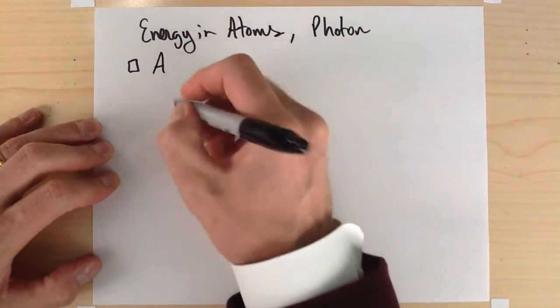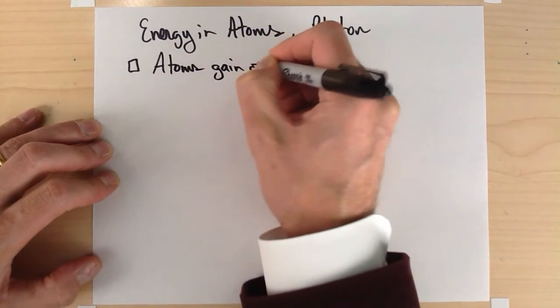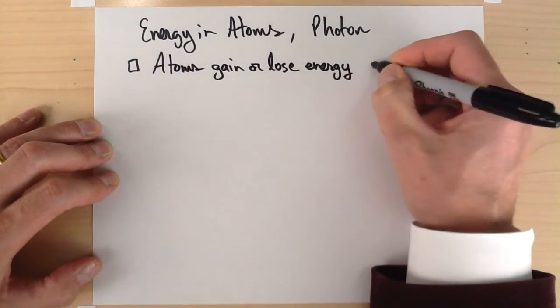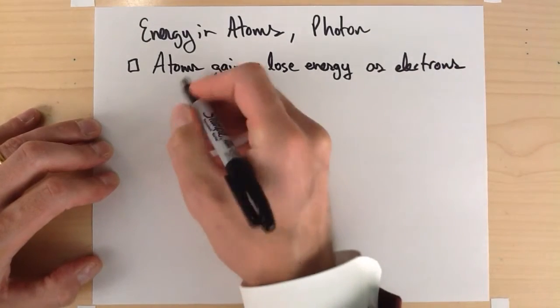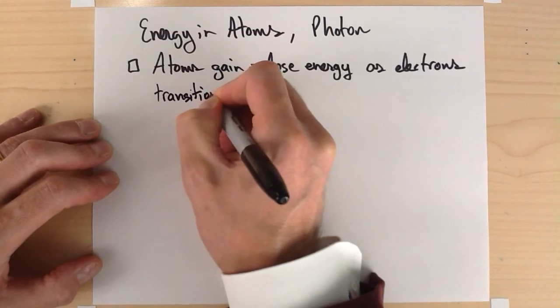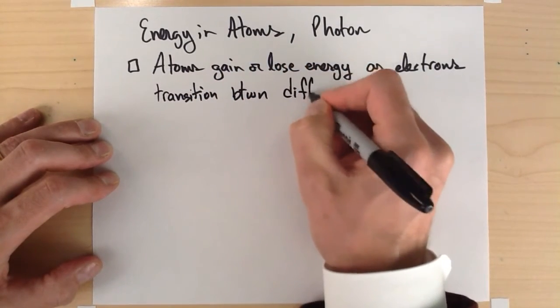And we're going to draw a picture of this, but let's write it down. So atoms gain or lose energy as electrons transition between different quantum states.